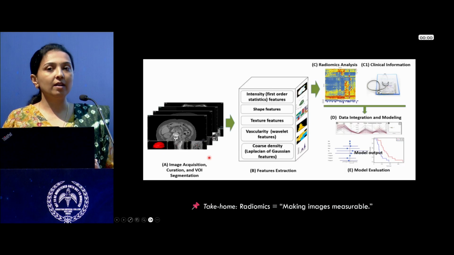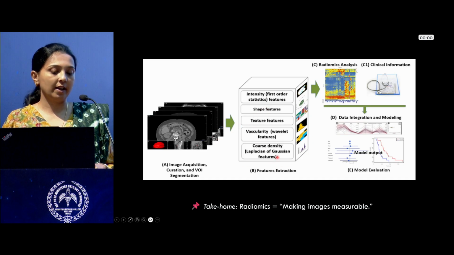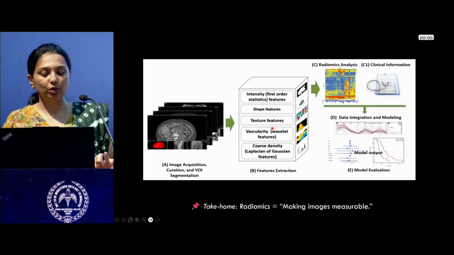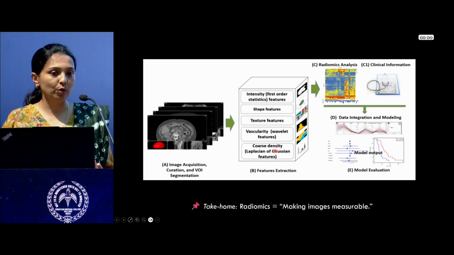So this is a typical radiomics workflow where multiple data is acquired and curated, and this undergoes radiomic feature extraction. Numerous features are extracted, like intensity, shape, texture, vascularity, density, just to name a few. In fact, hundreds of features will be extracted.